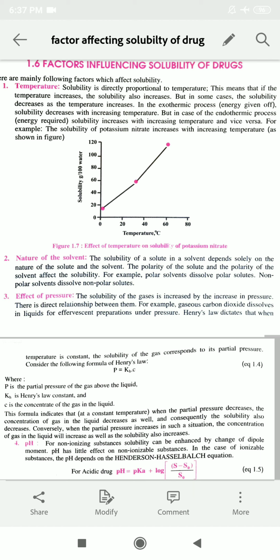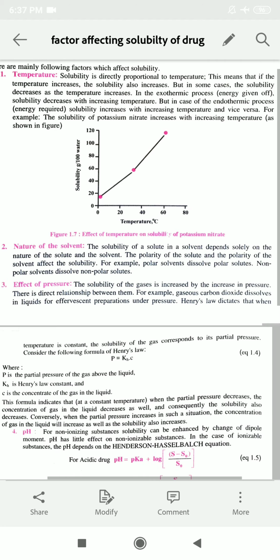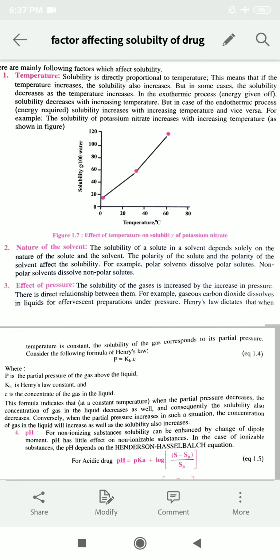Next is the effect of pressure. Pressure especially affects the solubility of gas in liquid. Obviously, in all the discussion so far we discussed the solubility of solute in solvent, but here the gas is dissolved into the liquid. For example, carbon dioxide is pressurized in an LPG or CNG cylinder.